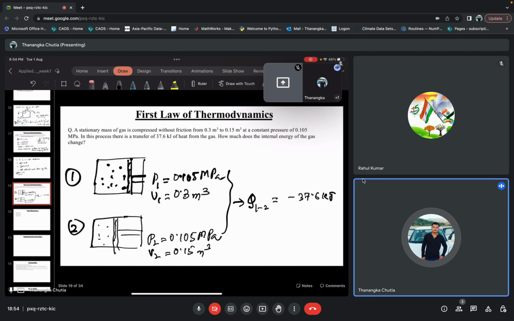So from here you have to calculate the work done, your heat is given, and from there you can calculate the change in internal energy. So what is your work done? Your work done W1 to 2 will be the integration of P dV, and since P is constant, this will come out. You put all the values.